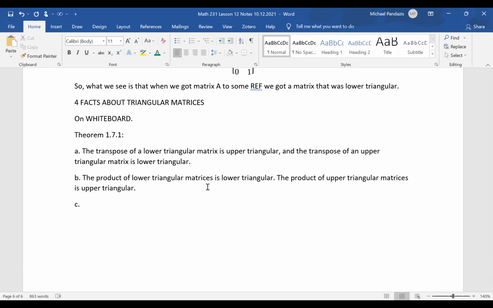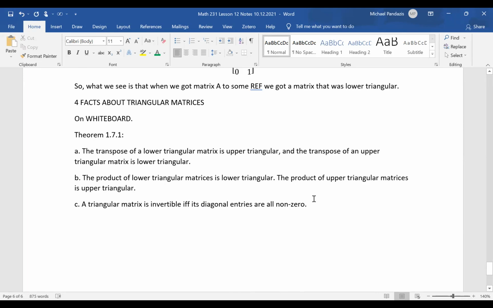C, a triangular matrix is invertible if and only if its diagonal entries are all non-zero.